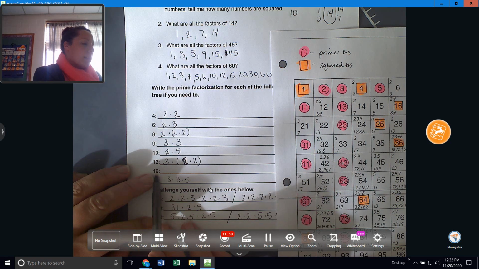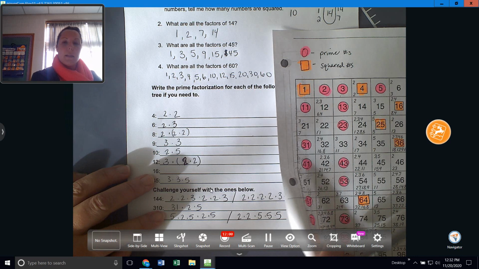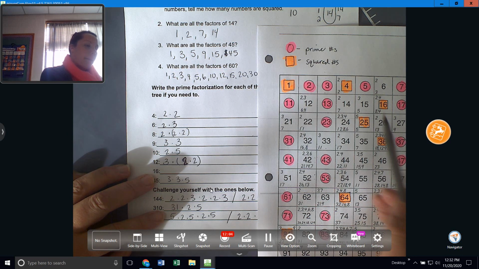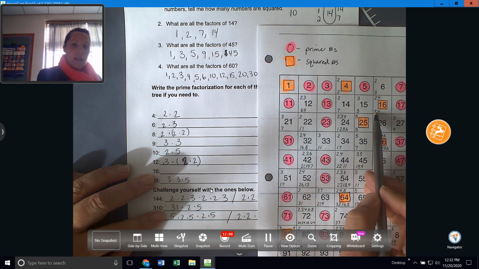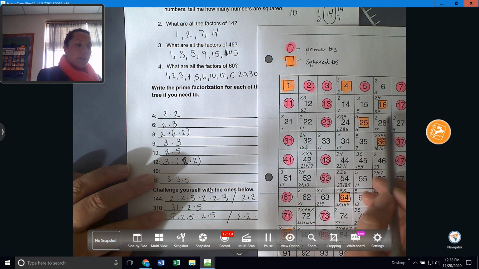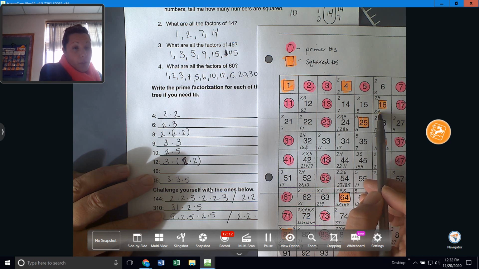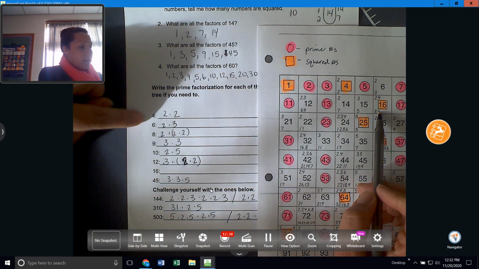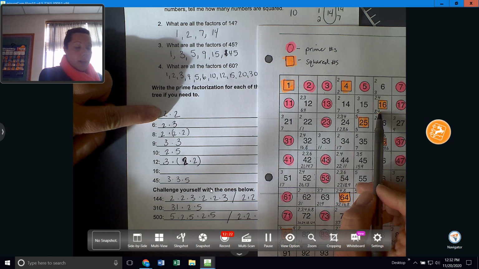Alright, let's do 16. What times what is 16? I can do 2 times 8, or I can do 4 times 4. I like 4s. 4s are easy, so I'm going to do 4 times 4. Neither one of those numbers are prime, so I have to break down my 4. Look, I have it broken down right here.